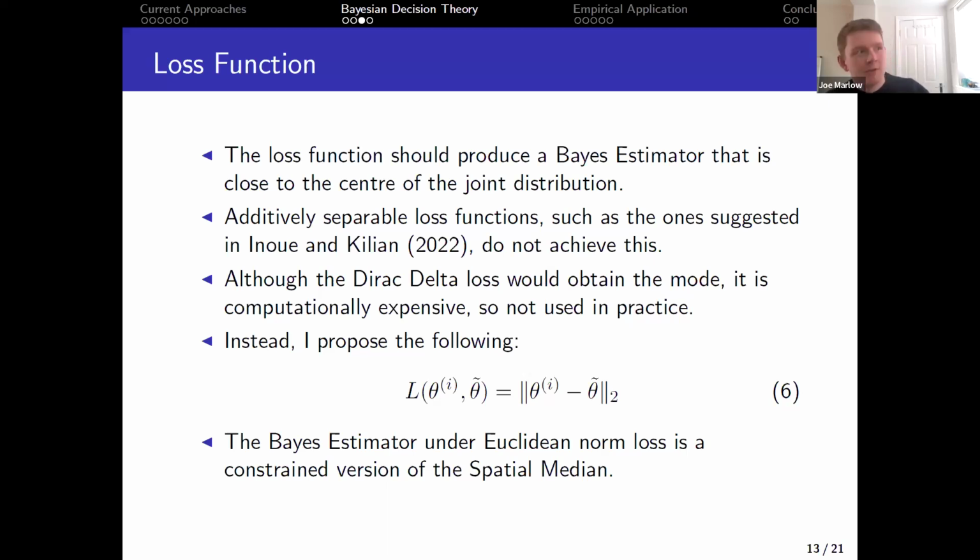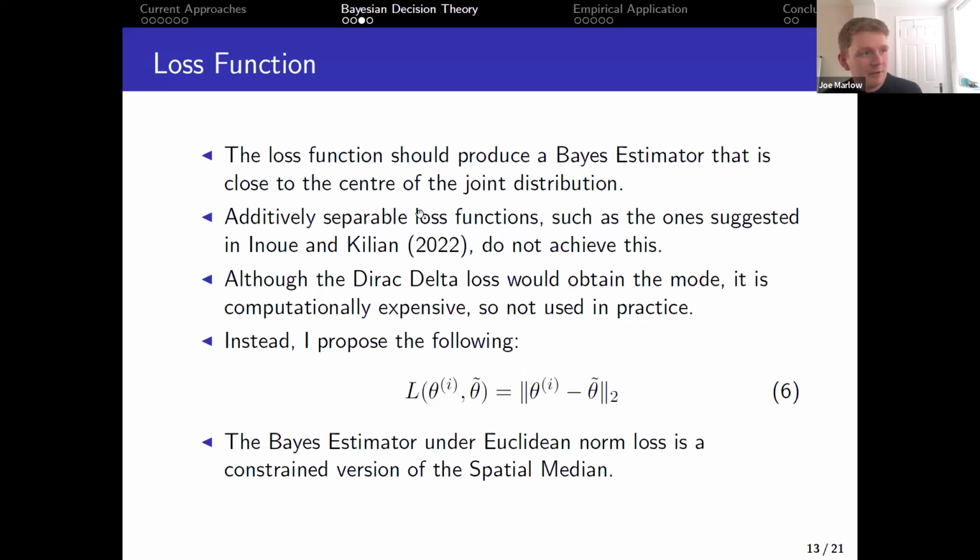So one of the contributions of this paper is to be a bit more specific about the loss function that's used. So the idea behind which loss function we should use should be motivated by the multivariate statistics literature. So we want our central tendency, or the vector that minimizes the loss, to be close to the center of this joint distribution of the impulse response vector. So the loss functions which have been proposed in the literature mostly don't achieve this for various reasons.